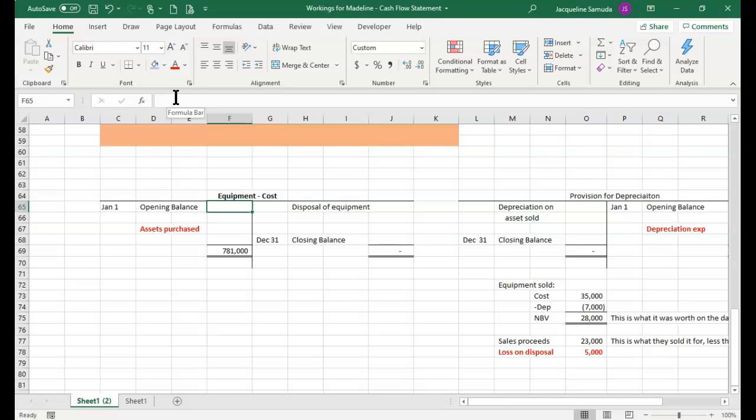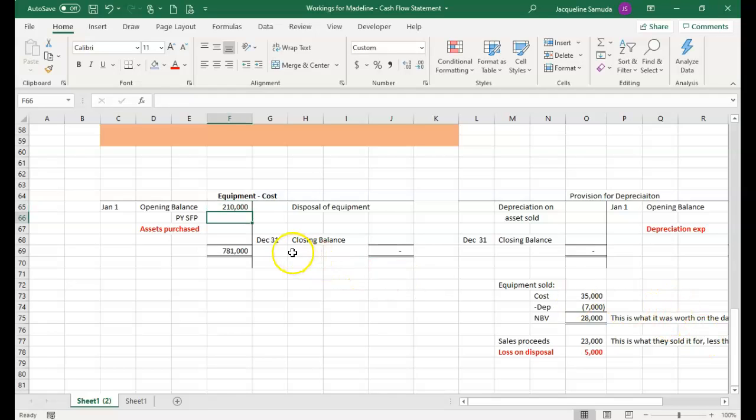Now, for the equipment, we have to look to the previous year statement of financial position to get the opening balance for the equipment. And that figure was $210,000.